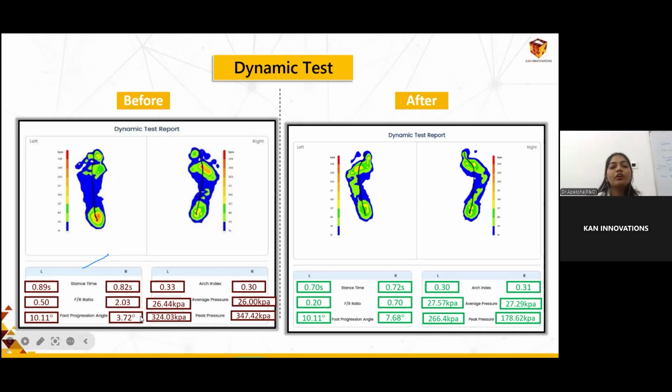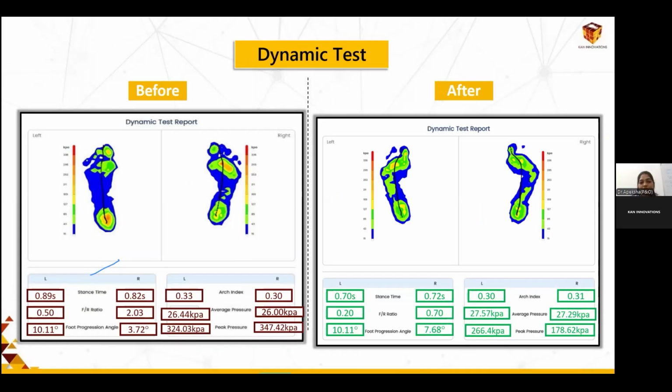Now the foot progression angle. On the left side, the patient is showing 10.11, and on the right side 3.72, which again shows toe off dynamically changes, and his peak pressure is significantly higher. On the left side it is 324 kilopascal, and on the right side 347 kilopascal. Imagine having this much pressure under the feet, and the patient is walking with pain.